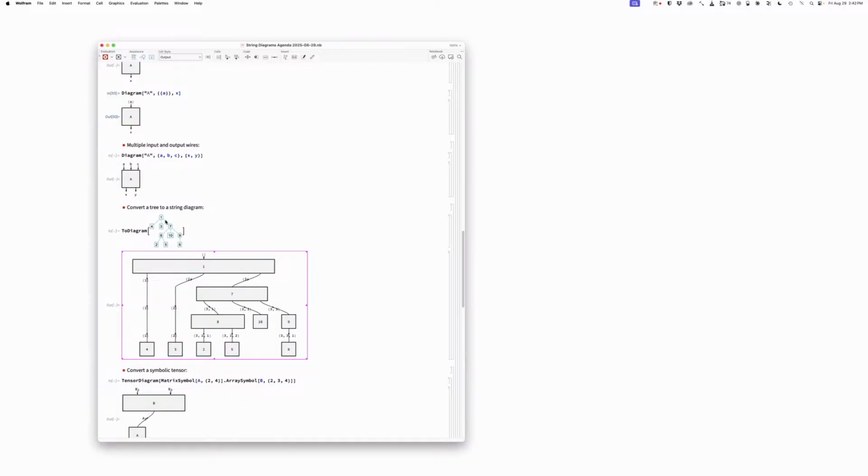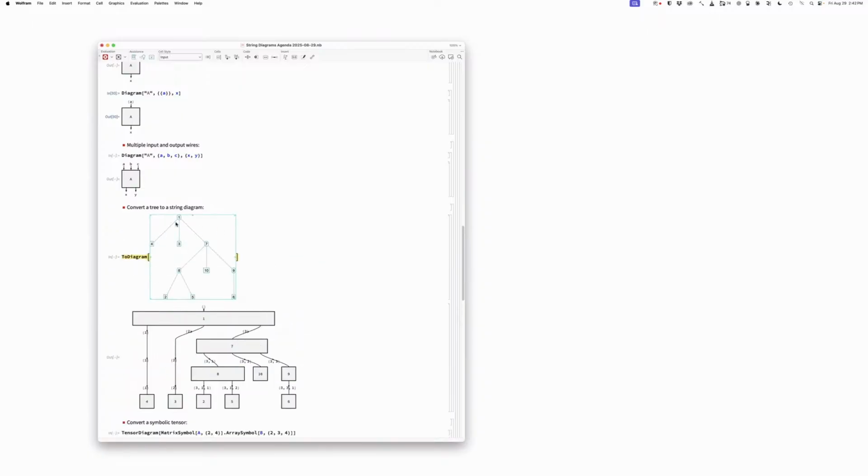But no, these edges are dual to that. The elements here have tree positions. The edges are between two tree positions. The edges on the string diagram are being labeled with the position of the thing that they are the input to. Okay, which could also be done in a tree itself. Okay.